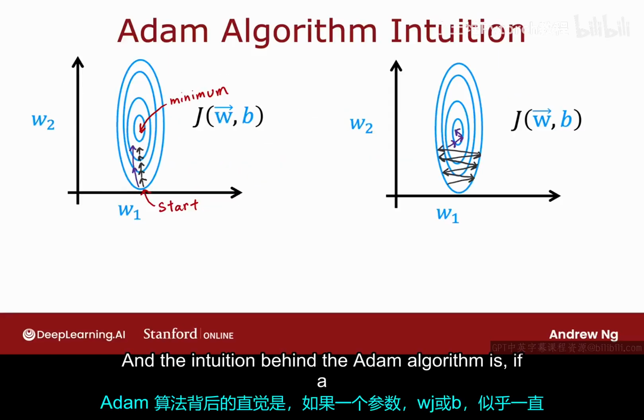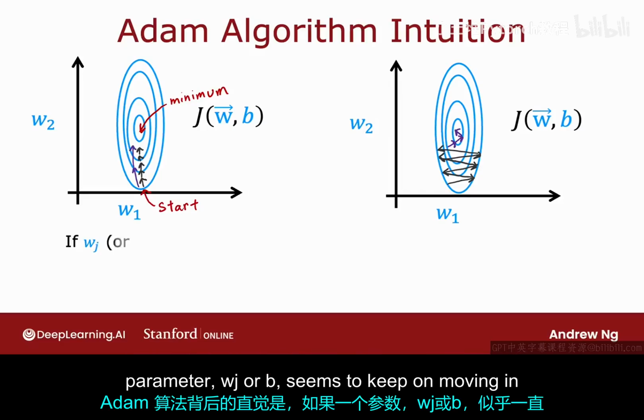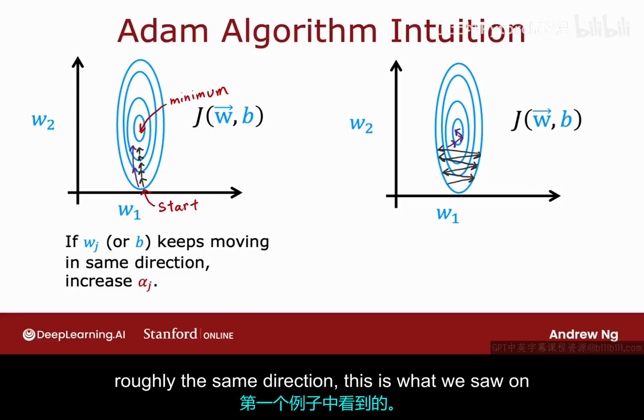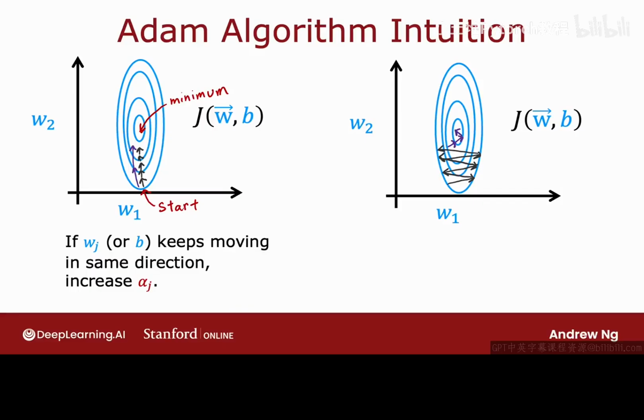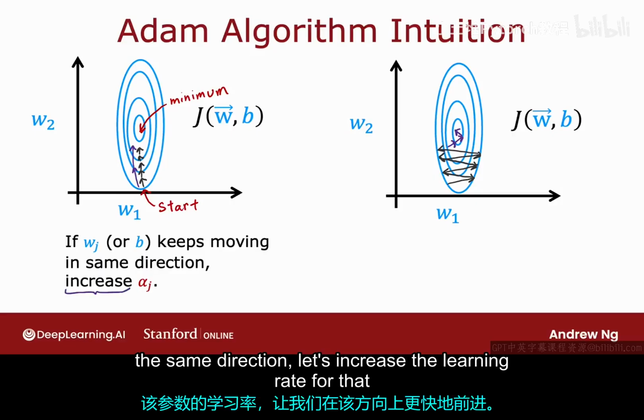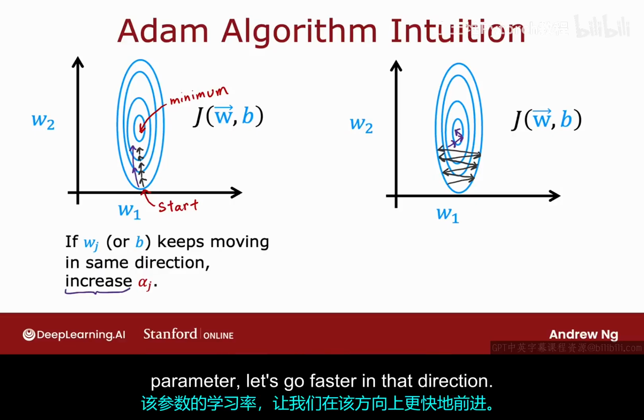And the intuition behind the Adam algorithm is if a parameter, Wj or B, seems to keep on moving in roughly the same direction, this is what we saw in the first example on the previous slide, let's increase the learning rate for that parameter. Let's go faster in that direction.